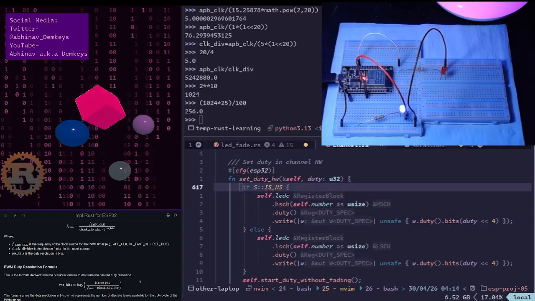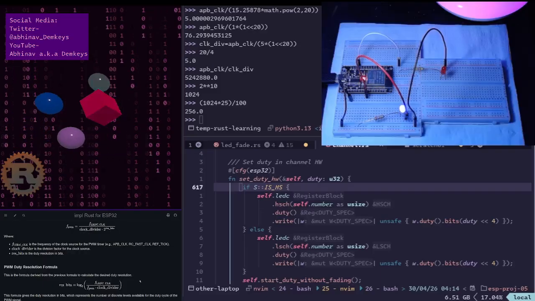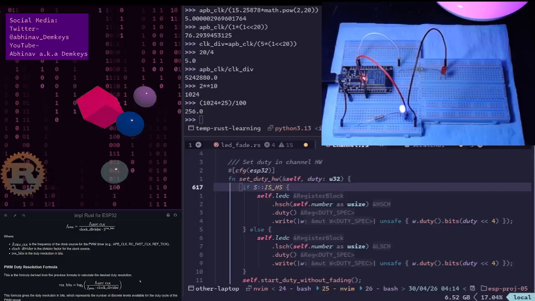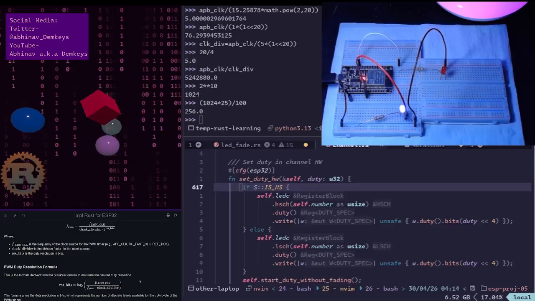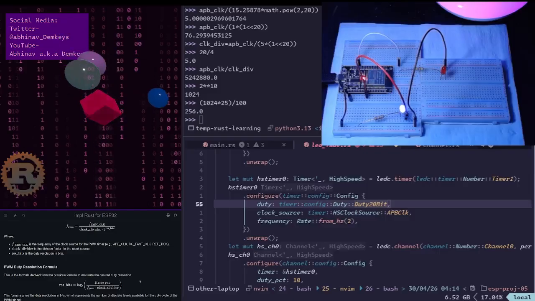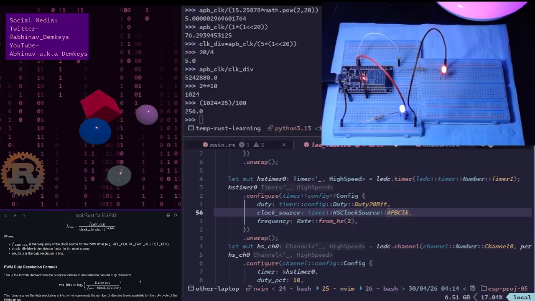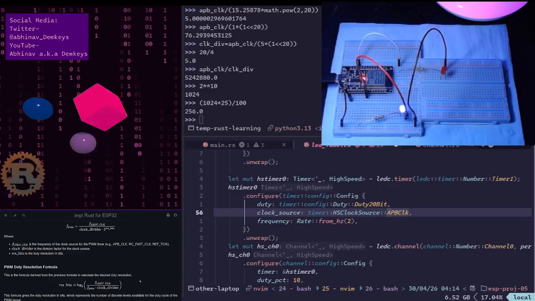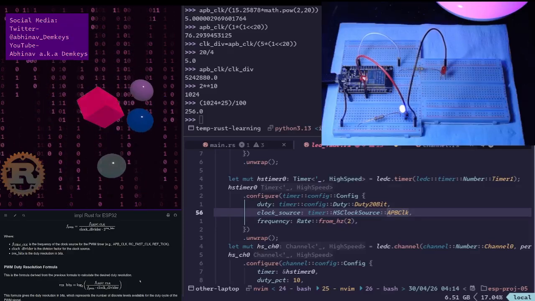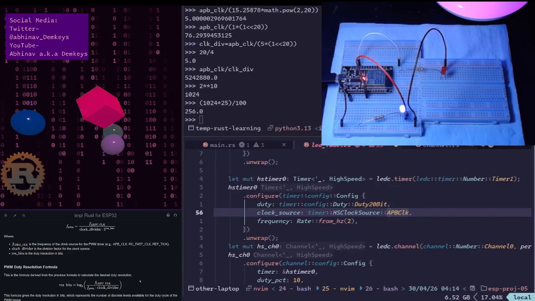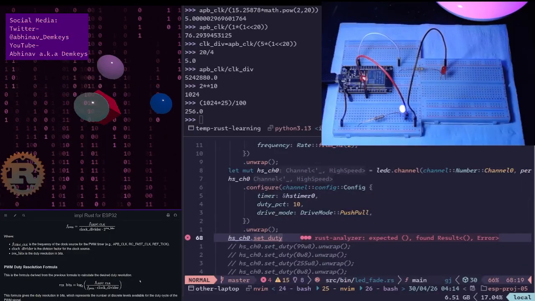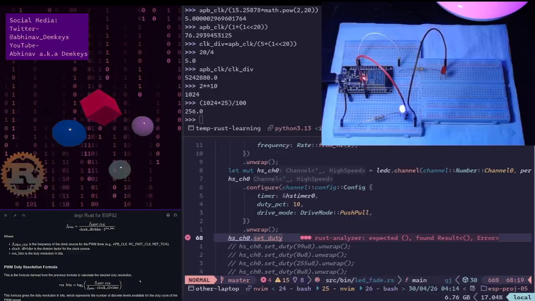So technically, if I know what the resolution is, which obviously I should know because I'm the one creating it, then based on the duty percentage that we want, we can pass in a specific duty HW value. Okay, this is great.